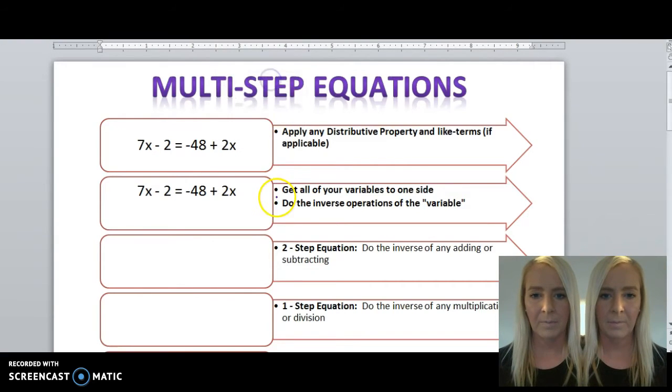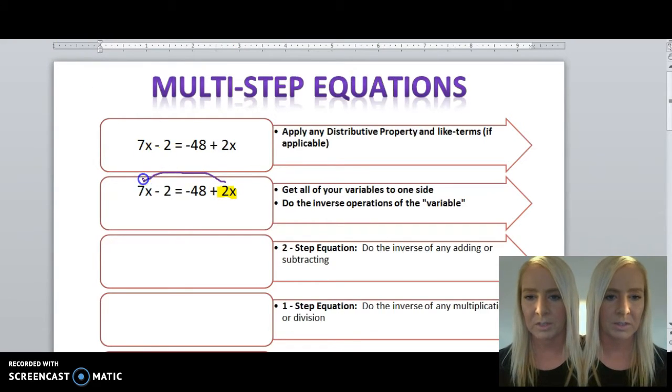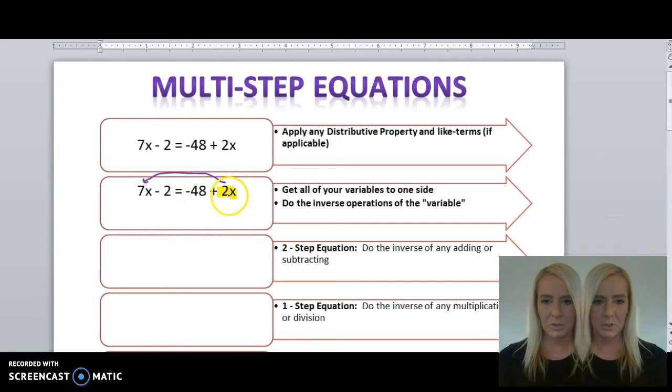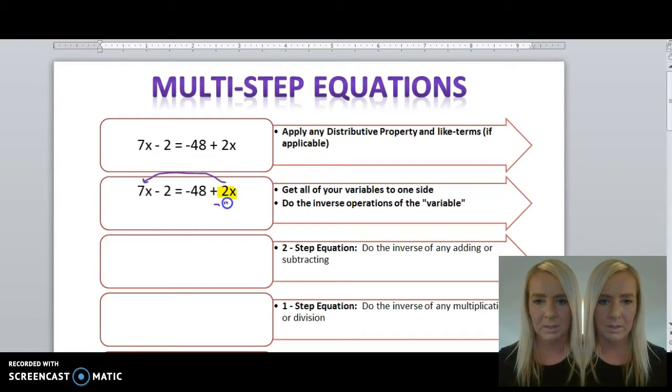Our next step is to get all of your variables to one side. In this case, I'm going to bring 2x to the other side of my equal sign by applying inverse operations. The opposite of positive 2x is negative 2x.